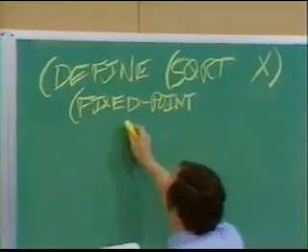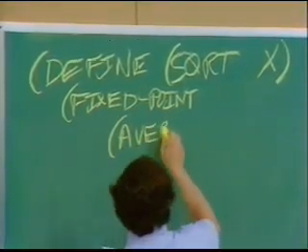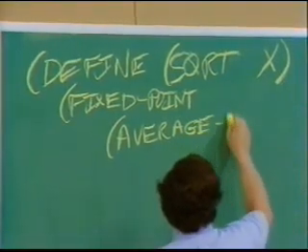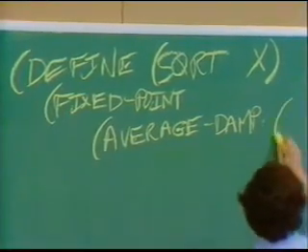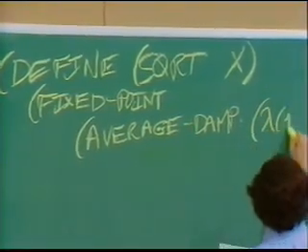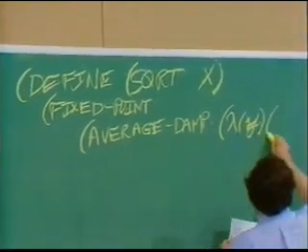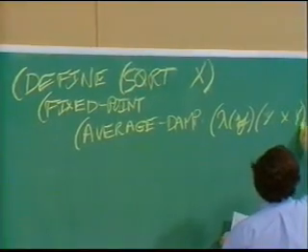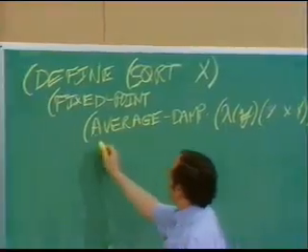So I have a procedure resulting from average damp of that procedure of y, which divides x by y, starting out at 1.